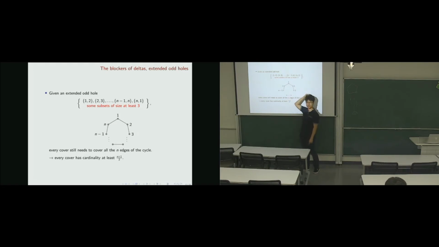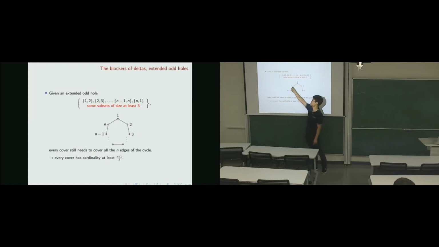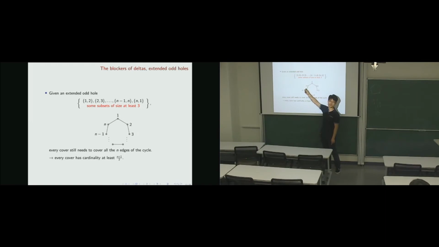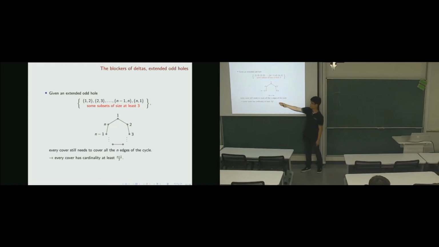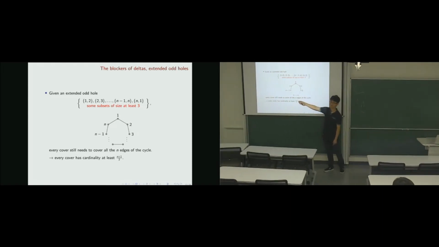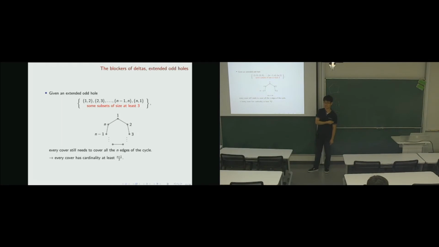Because n is odd, if you start from 1, then 1, 3, 5, and you have to end with n because n is odd. So that picks strictly greater than half the vertices. Okay. So this is all we need to analyze something. This is the main takeaway for the blocker of an extended auto.